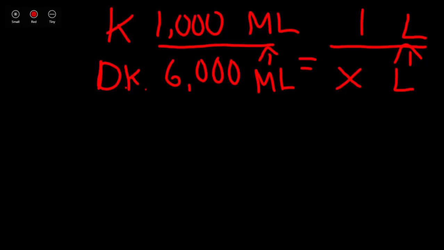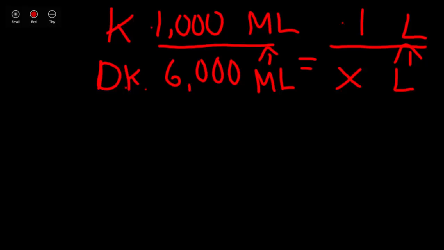Now, to help us solve what we don't know, our variable or our x, we need to find out what we did to the top of our fractions to find out what we need to do to the bottom. Just like with an equivalent fraction, you have to be a copycat. Do the same thing to the numerator that you did to your denominator in order to make an equivalent fraction. So let's look. How did we get from 1,000 to 1?